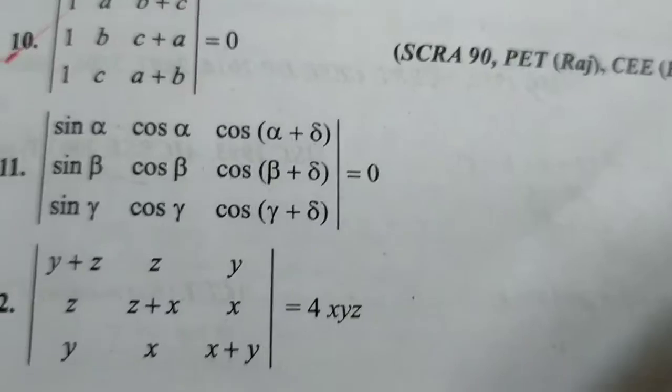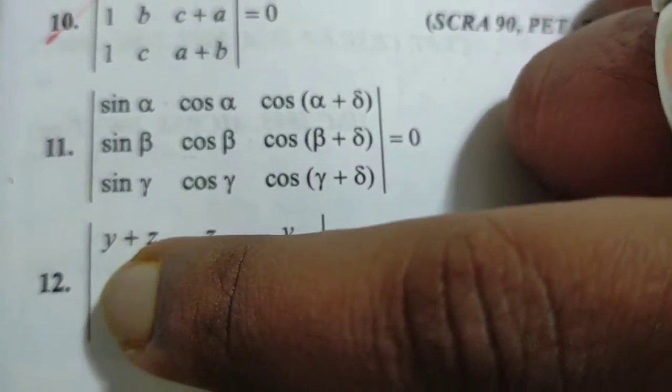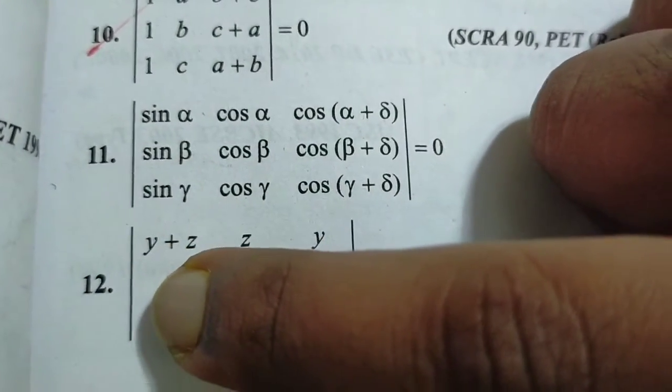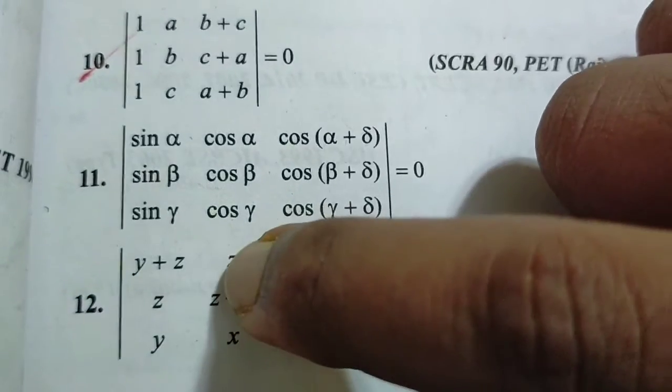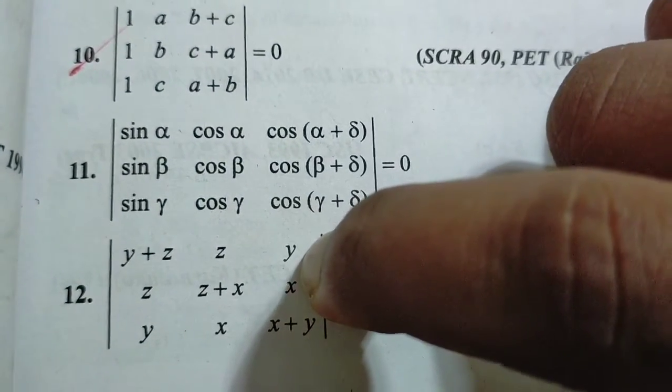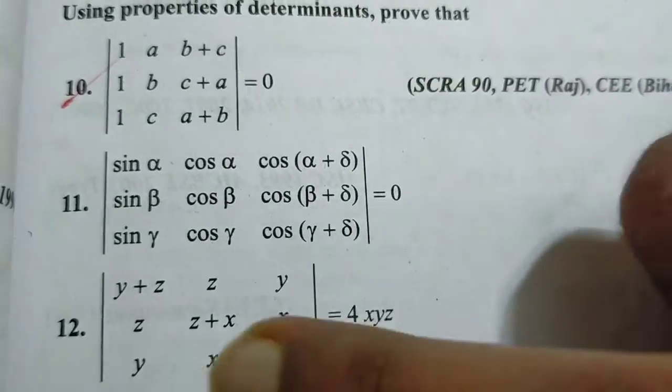Similarly in this question you see column 1, column 2 and column 3, so we can change column 1 to column 1 minus column 2 plus column 3.